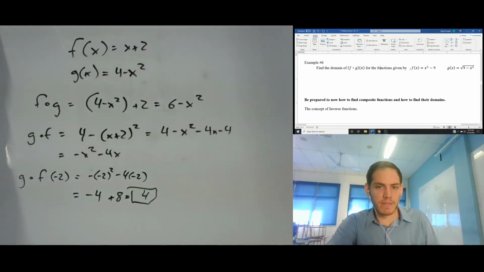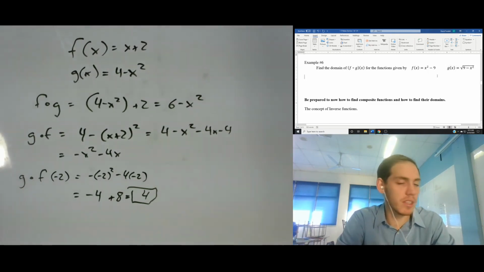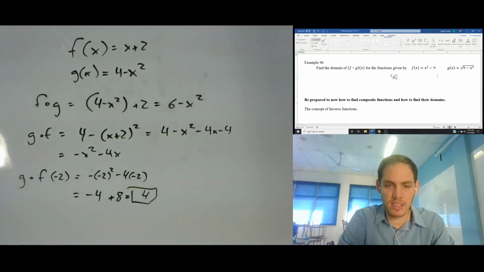For the domain, remember, you have to look at what limits the domain. This one doesn't have a limit. f doesn't, but g does. So what doesn't work for x? That's going to affect our domain.